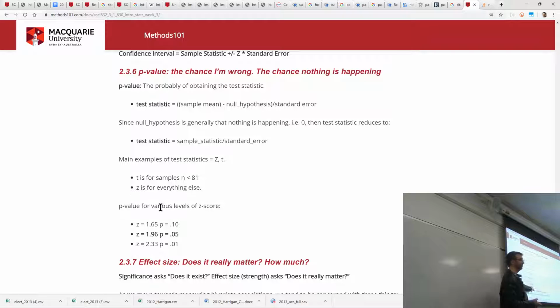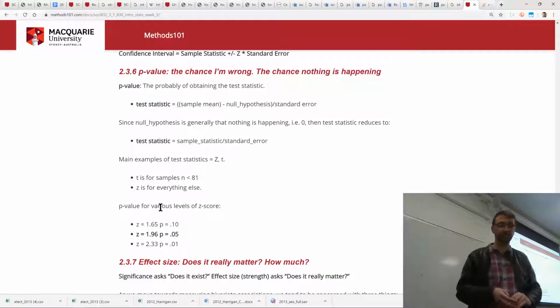Like look at that, just another 0.3 of a Z score, and it turns out that it's very unlikely to happen. That's more just noticing the nature of the number, but these are some very key statistics and p-values that relate to them.